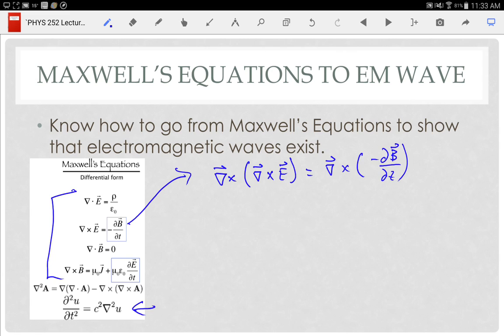Our second move was to recognize that del cross del cross anything, if I just solve it for that, I would have del dot of that anything, so I'm going to put in the E, is equal to, instead of A, I should have put E since I substituted in E, is equal to that minus del squared of E. So that's just using this equation.